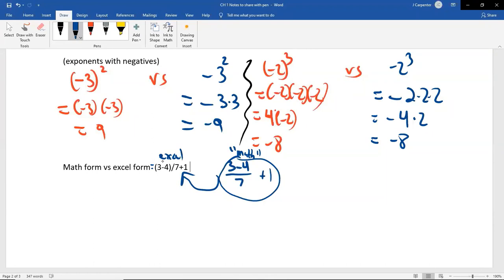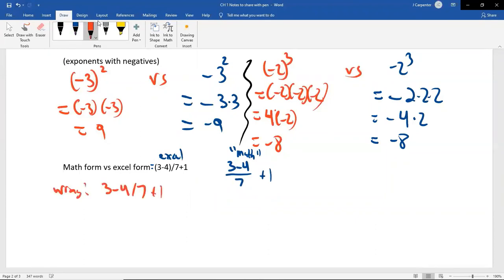So this 3 minus 4 is on top of a fraction and you want to divide it by the 7. If I just wrote this, let's do red for wrong, if I wrote 3 minus 4 slash 7 plus 1, without the parentheses around the 3 minus 4, this would be equivalent to 3, then a minus 4 over 7, then a plus 1.